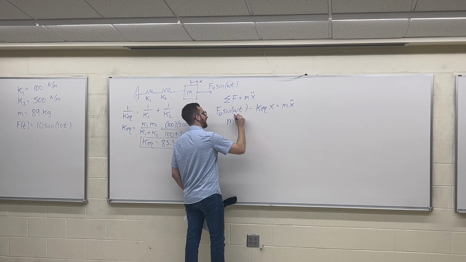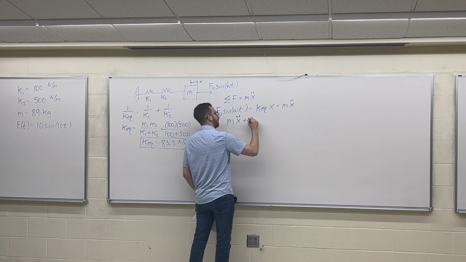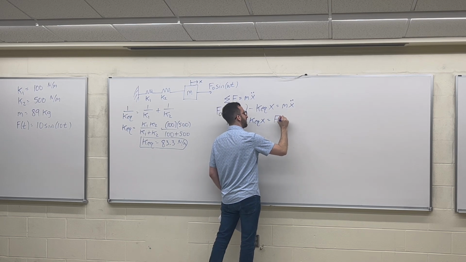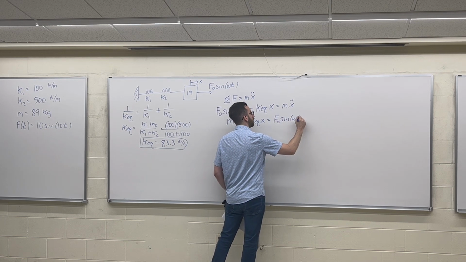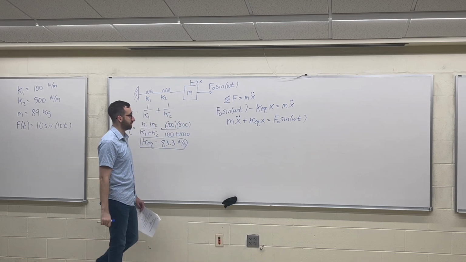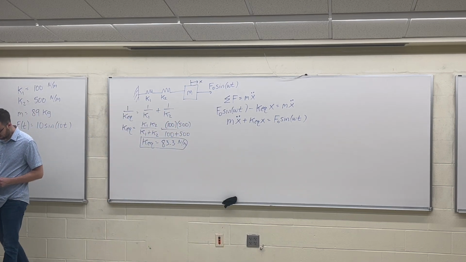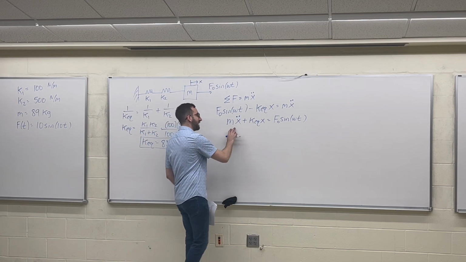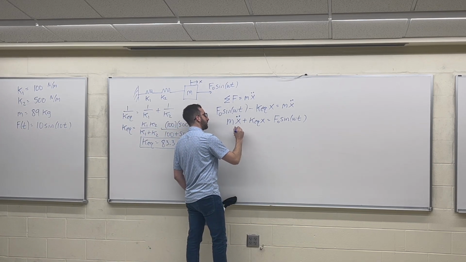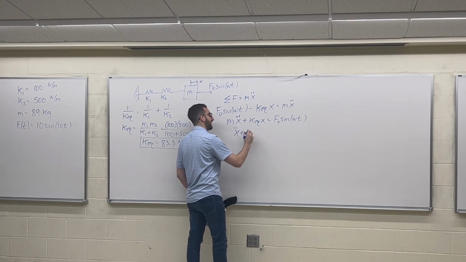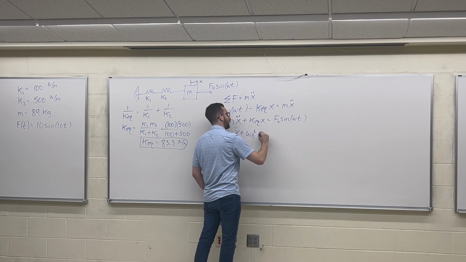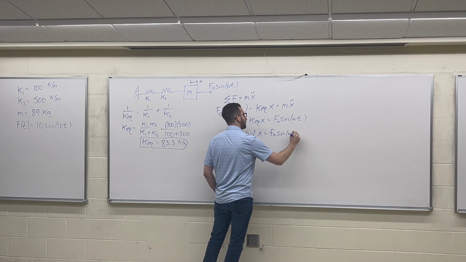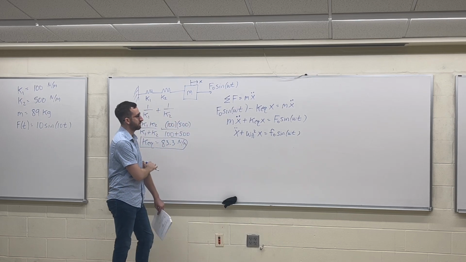And then when you bring everything regarding the system over to one side and leave everything external on the other, you end up with our standard differential equation. And we will turn that to monic form, if you'd like. So if we do that, divide by m, you get x double dot plus k over m, which is omega n squared, times x, equals little f naught sine omega t.